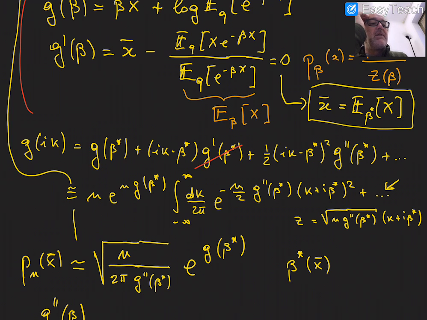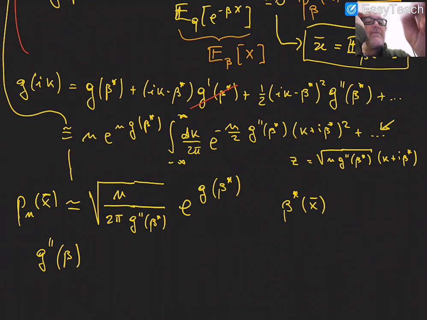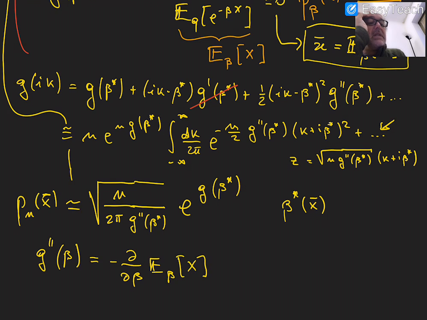So the second derivative of g is minus the derivative with respect to beta of the expected value over beta of x. And this is a calculation that we have already done, and you can check that this gives you the variance under the distribution p beta of x.